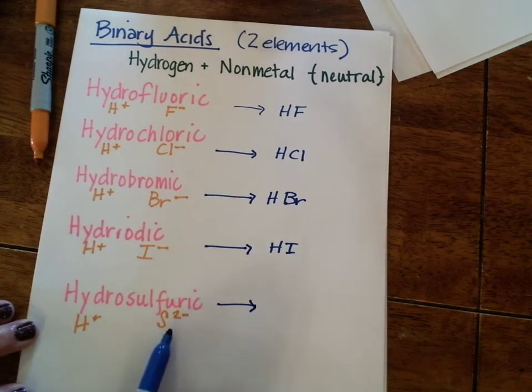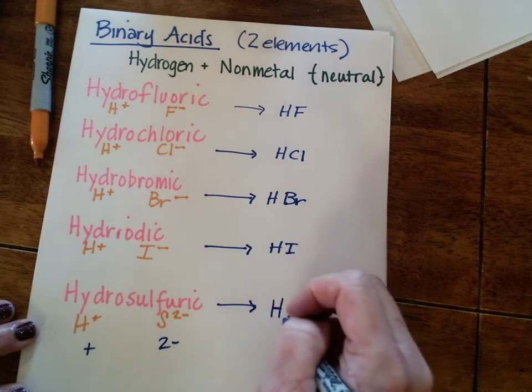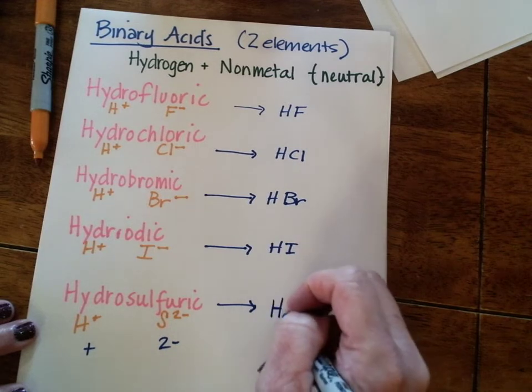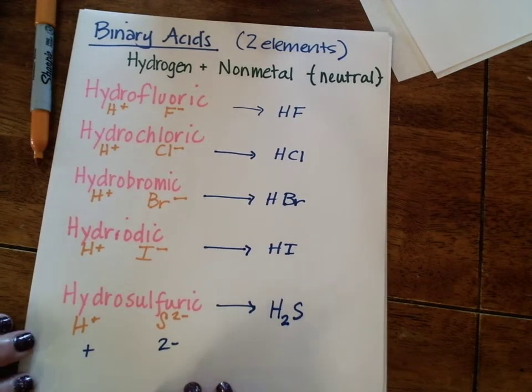Down here, I have a 2 negative to a 1 positive, which tells me, oh, I got to cancel out. I'm going to need 2 of these. So hydrosulfuric acid is actually H2S. Those are all binary acids because they're made of hydrogen plus a nonmetal, and they are neutral compounds.